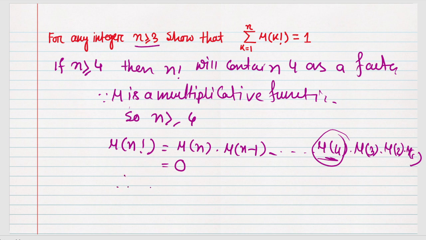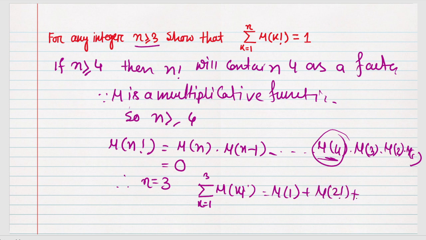Therefore we only need to consider the case for n equals 3. So for k equals 1 to 3, we have mu of 1 factorial plus mu of 2 factorial plus mu of 3 factorial, that means mu of 1 plus mu of 2 plus mu of 6.